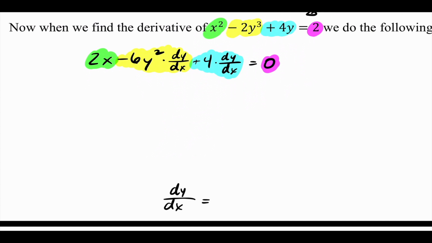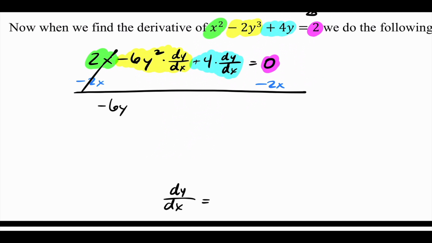Okay? So to do that, it's going to take not calculus, it's going to take a little algebra to get something by itself, right? To get something by itself, we just use algebra. So the first thing I'm going to do is subtract 2x from both sides. So I have negative 6y squared dy dx plus 4 dy dx equals negative 2x.